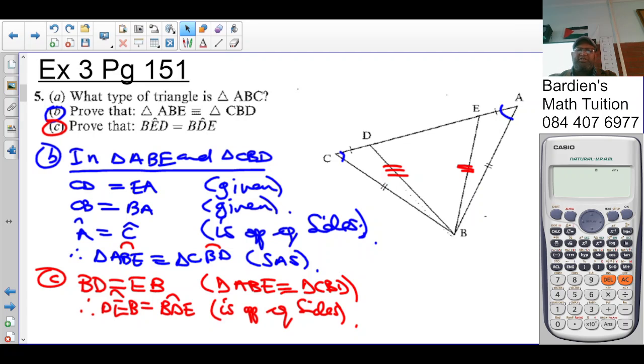Page 16 and 17 is homework for tomorrow. Page 16 and 17 from the geometry workbook. Who's going to put a note in the group?